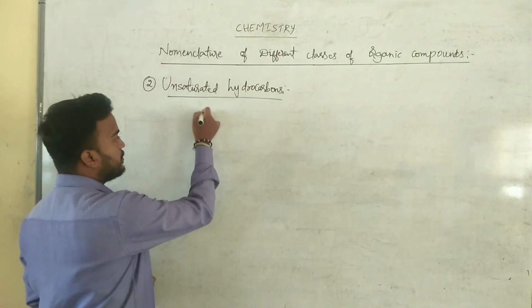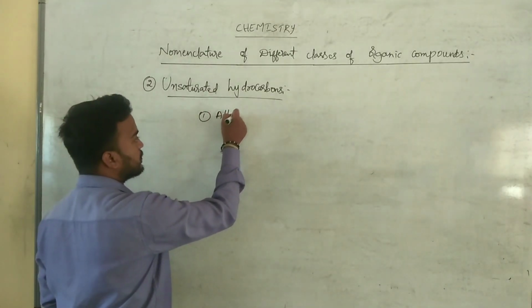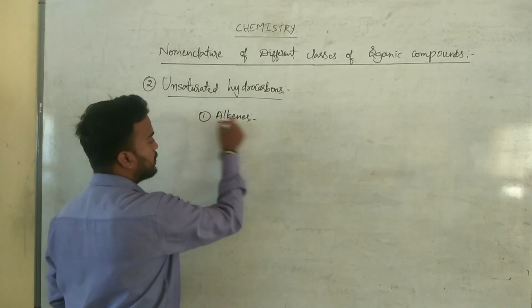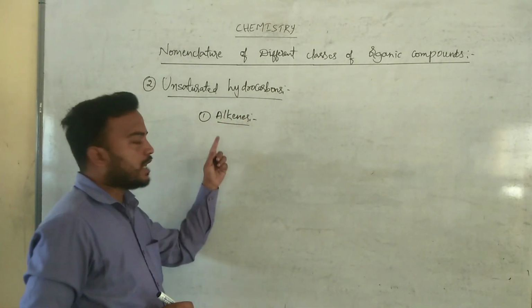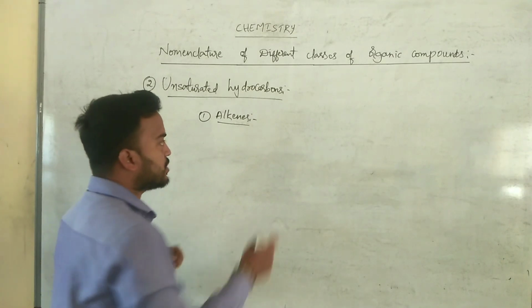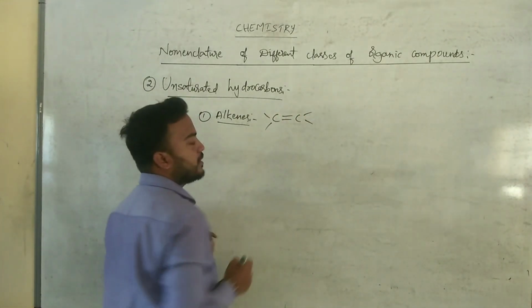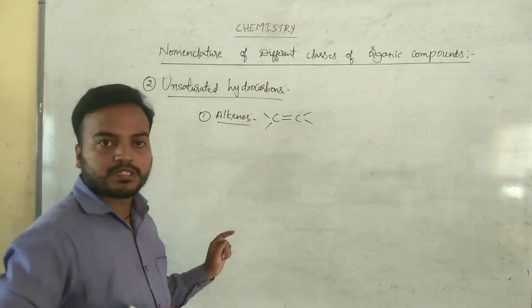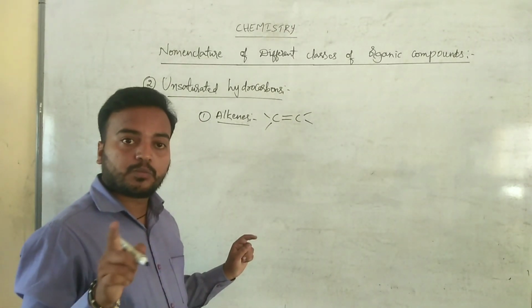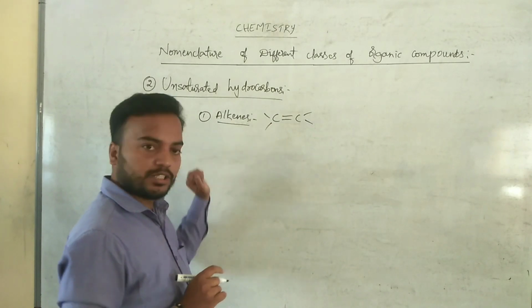So let's see the first one, alkenes. Alkenes are unsaturated hydrocarbons which contain a carbon carbon double bond.